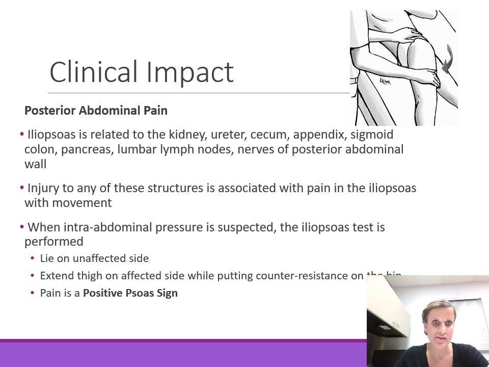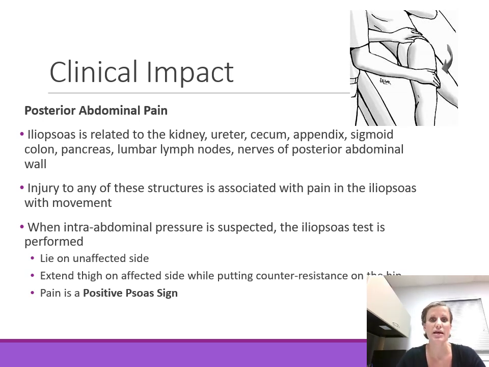The iliopsoas muscles are closely related to the kidney, the ureters, the cecum, the appendix, the sigmoid colon, the pancreas, nerves, lymph nodes. A lot of different abdominopelvic organs are closely related to the iliopsoas. Injury to any of these structures is associated with pain in the iliopsoas with movement.